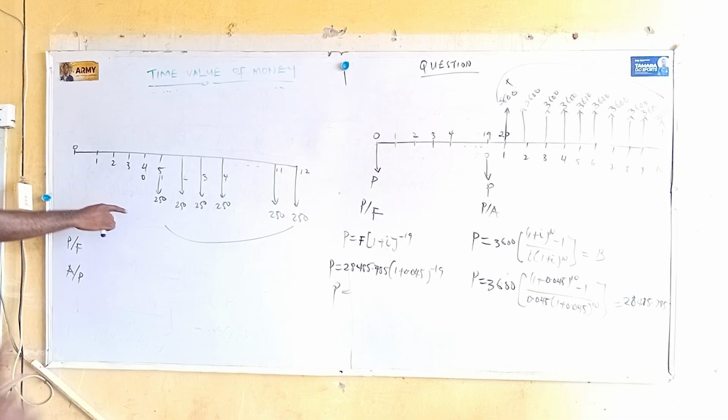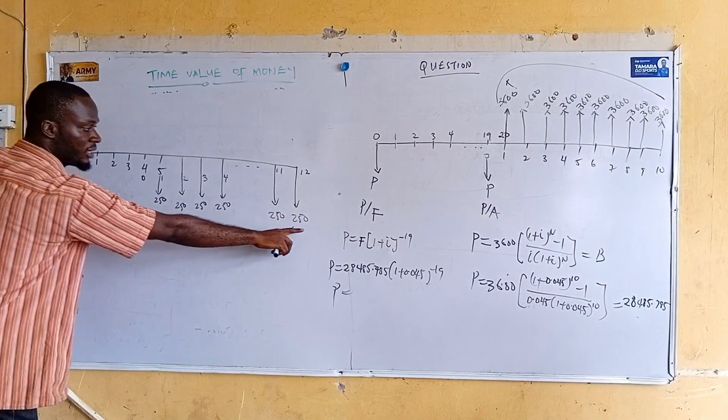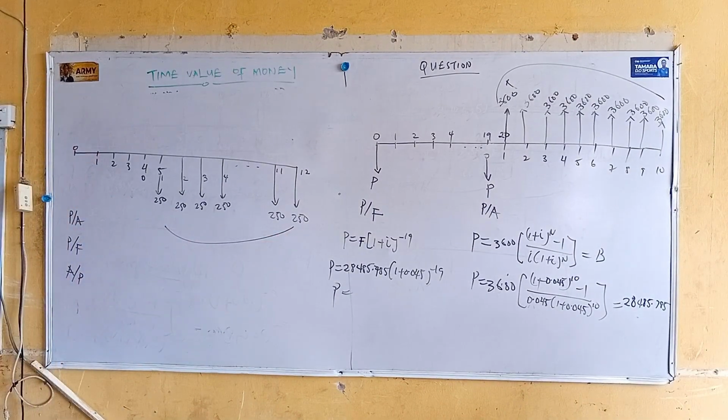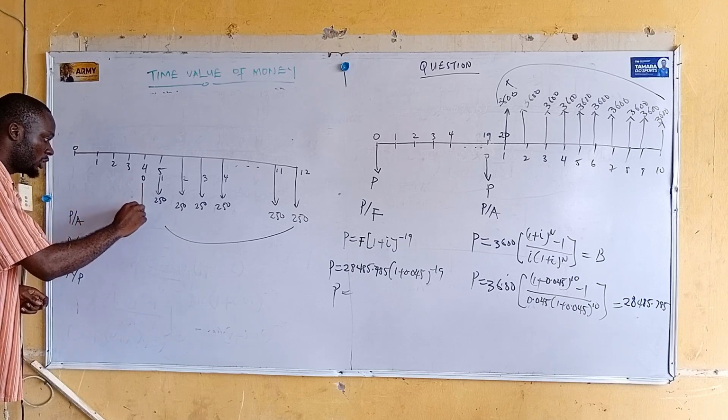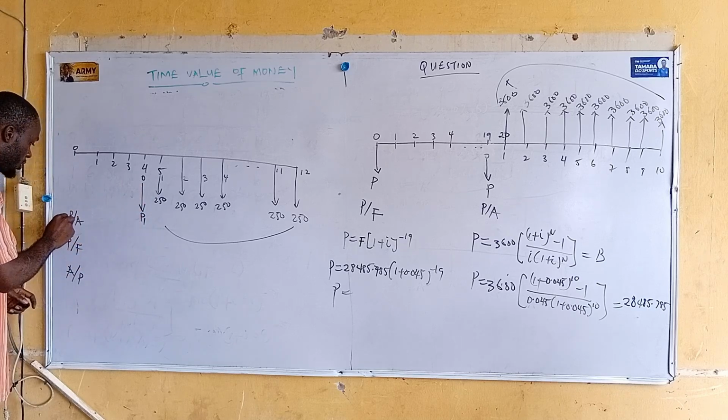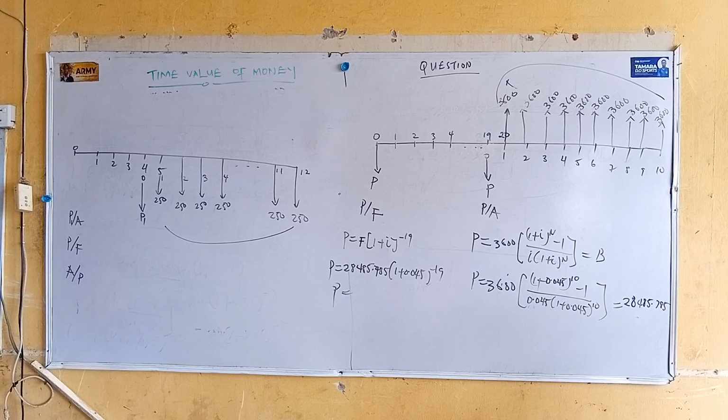See now, you're paying $250 for 12 years. So the value of this money is here. Now take this value to 0.